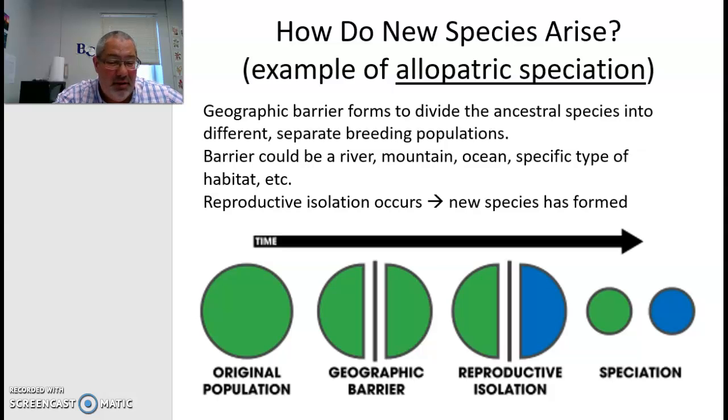A geographic barrier could be a lake, a river, a mountain chain, an ocean, or even a specific kind of habitat or environment, a desert as one example. So in allopatric speciation, you have an original, ancestral population. That population is separated by some barrier.